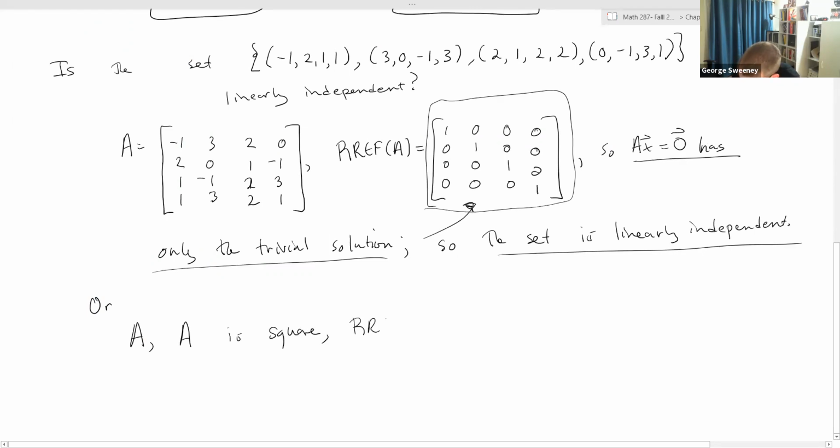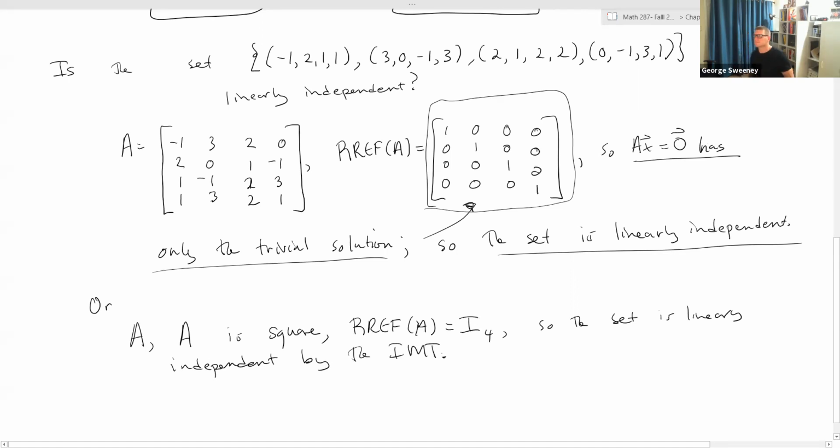The RREF of A equals I4, so the set is linearly independent by the IMT. And that, by the way, is only if you need to justify.